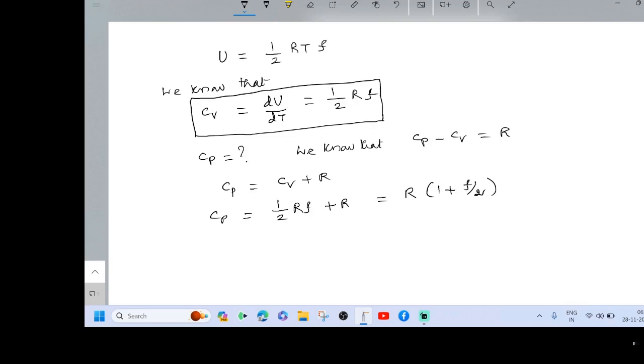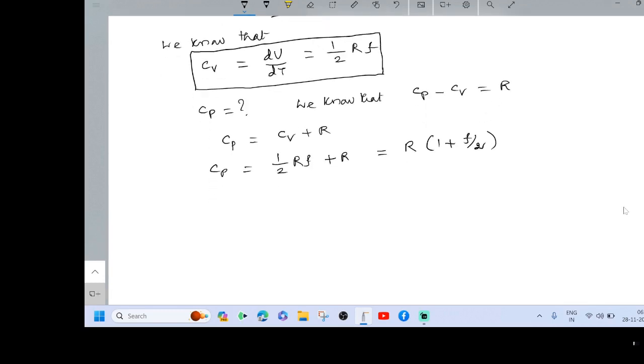Now we have to find out the value of gamma. Gamma equals Cp by Cv. The ratio of specific capacity at constant pressure to specific capacity at constant volume is called gamma.